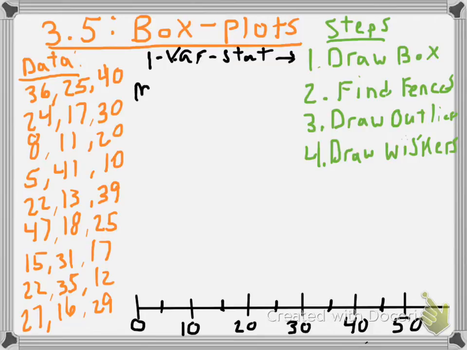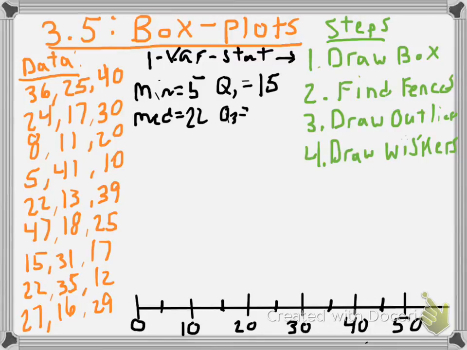The min was 5, Q1 was 15, the median is equal to 22, Q3 is equal to 31, and then the max is equal to, I think, 47.